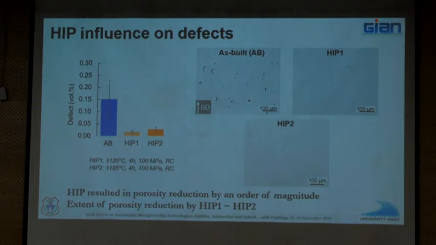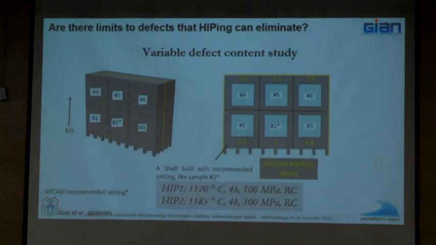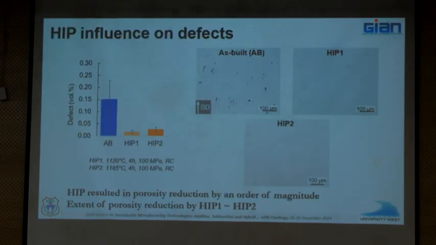But in both cases you get almost full densification. I don't know if I have data here for microstructure, but as part of this study by Sneha, we realized that at 1185 you begin to see coarsening of the grains, right? So, most of our work we then restricted to 1120 degrees HIPping, right?